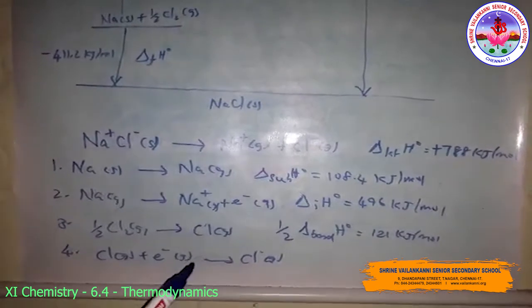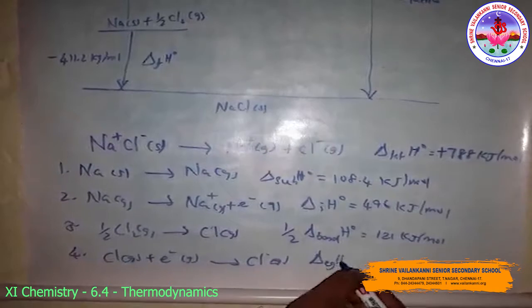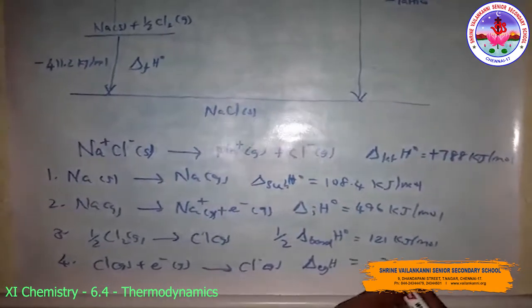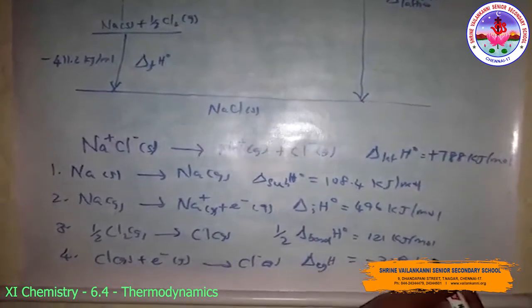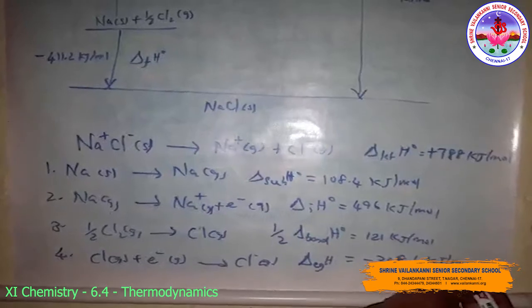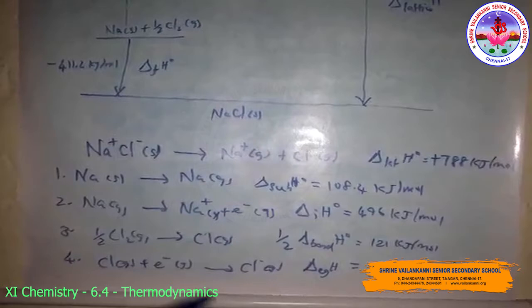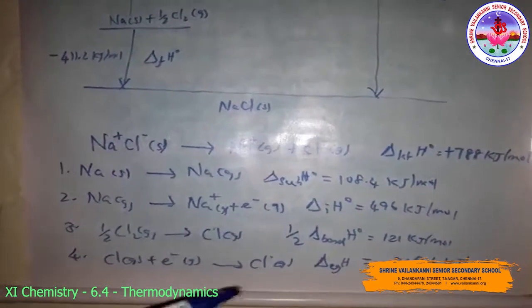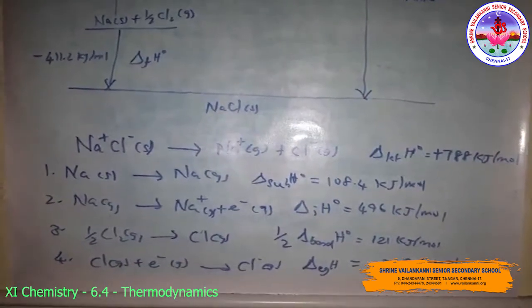The electron gain enthalpy, delta Eg, is minus 348.6 kilojoule per mole. We have learned about ionization enthalpy and electron gain enthalpy in periodic elements; these terms have been taken from thermodynamics.